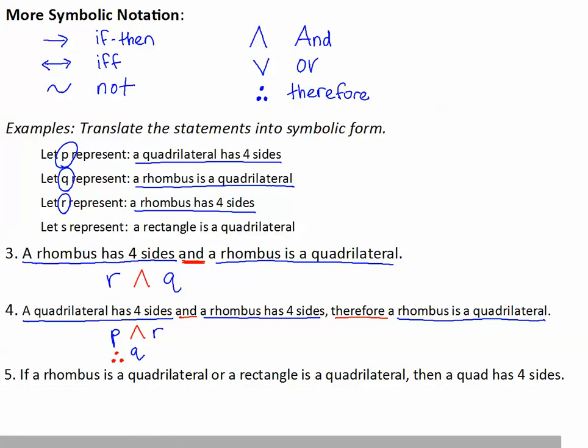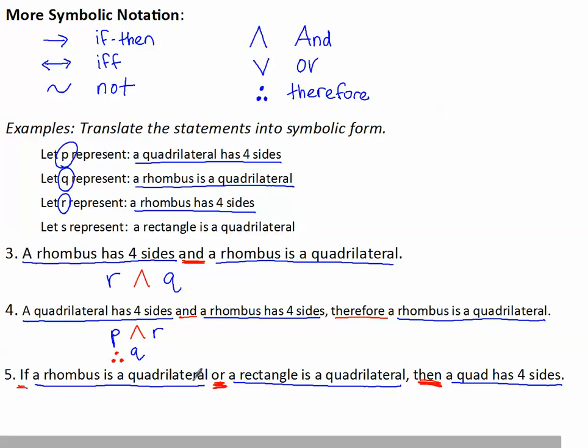Last one. If a rhombus is a quadrilateral or a rectangle is a quadrilateral, then a quadrilateral has 4 sides. I see if, then. So I know I'm going to be using the if, then arrow. I also see or, so I'm going to be using that V shape for the or. Let's see how to write that.